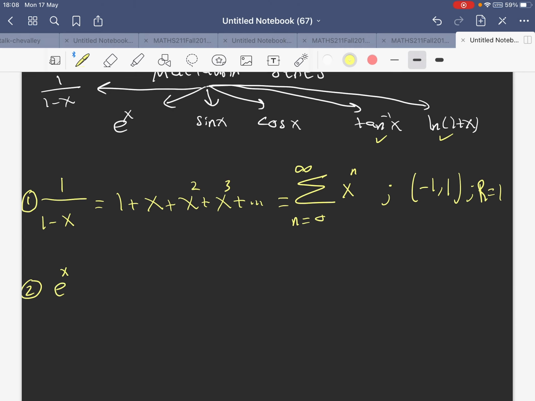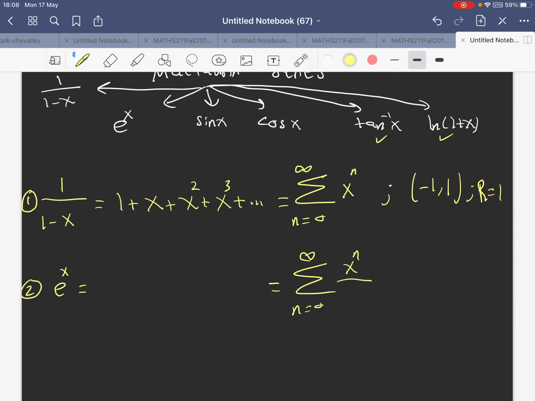Now e to the x. Here I want you to memorize it with me. It will be exactly the same as this one, except we have something in the denominator. So it will not be x to the n only, it will be x to the n over n factorial. That's e to the x. So if you know 1 over 1 minus x, with a quick twist you can find e to the power of x.